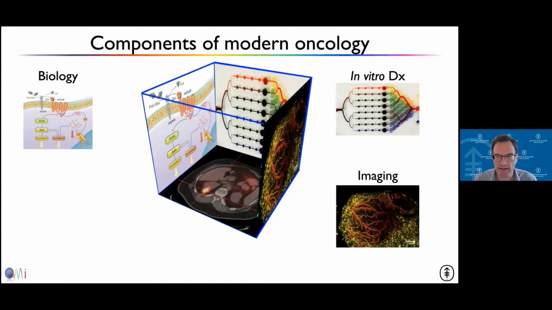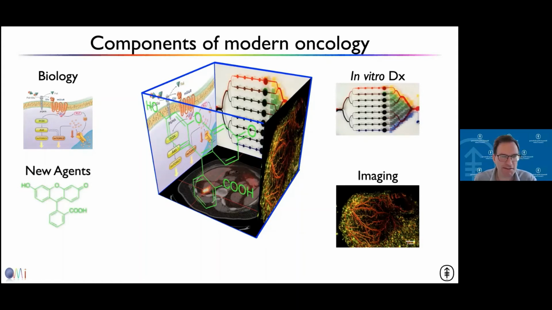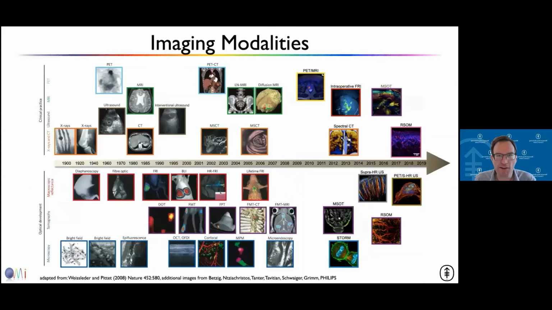Then there is modern novel imaging, and we're going to talk about that. Then there are probes. There's not a new agent in this case, but this is the contrast agent side if you want. And then you can top everything with artificial intelligence and machine learning. And that's pretty much what is being integrated currently into modern imaging.